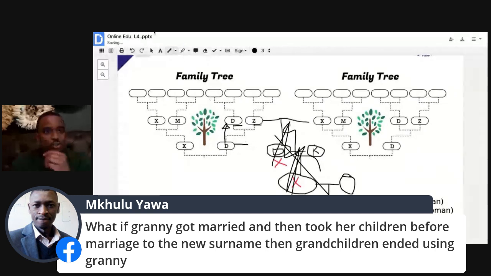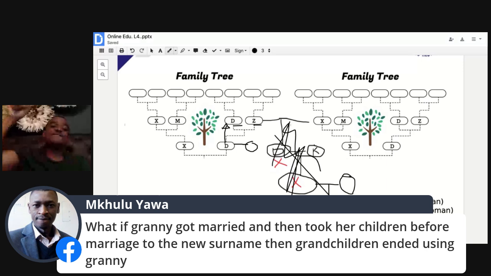So going back to your question, if you're saying that the grandchildren are using the grandmother's surname, that is incorrect. The grandchildren should be using the grandfather's surname. I'm obviously assuming that the child that was born was male, and then surnames were carried on.